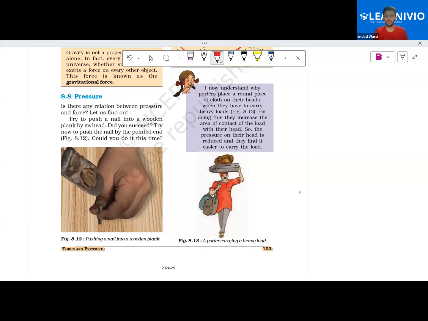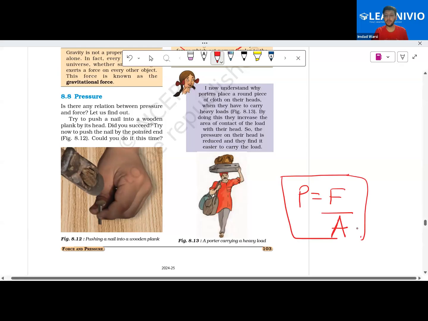Now we have seen the formula: pressure is equal to force upon area, right? For a moment, hide the area. So what do you see? Pressure is equal to force. If you increase the force, pressure will increase, right?